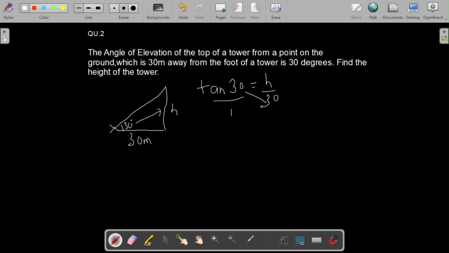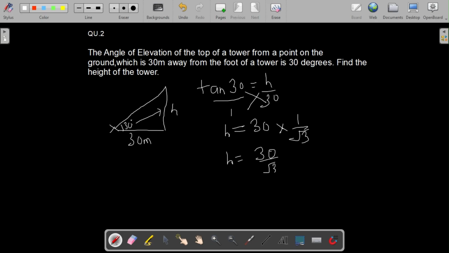So if you cross multiply, of course, tan 30 is 1 over root 3, or root 3 over 3. So h equals 30 times 1 over root 3, that's h equals 30 over root 3.